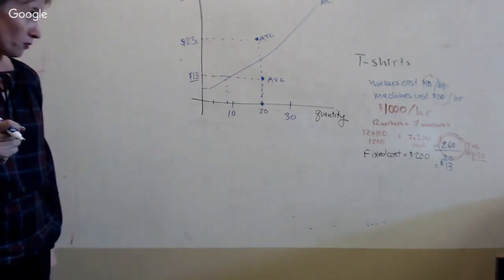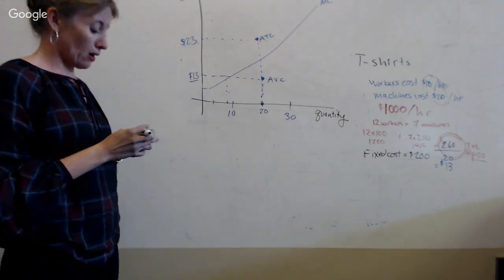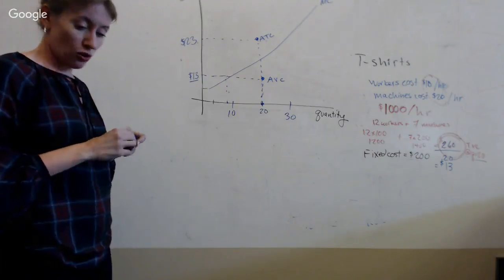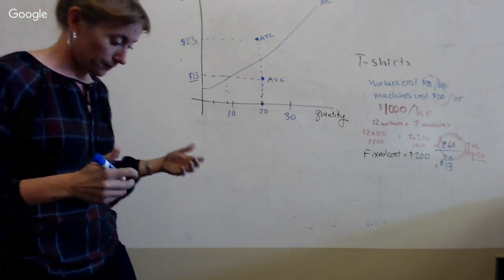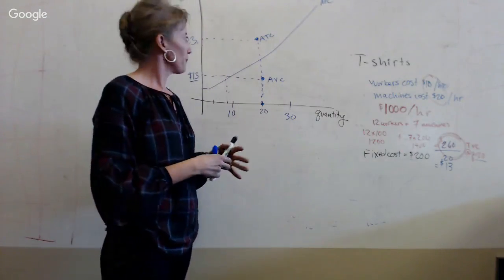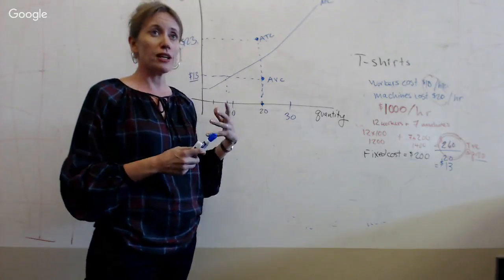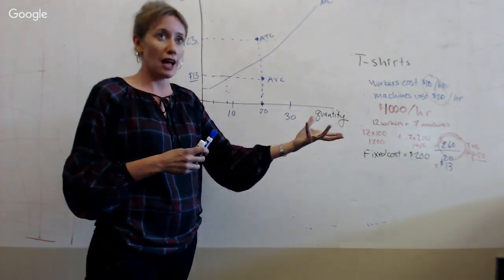Well, we only have 2 points here on our graph. But what do we remember about our total variable costs as we increased output? Well, our total variable costs increased, and we also had increasing marginal cost. So every additional unit costs us more than the last one.